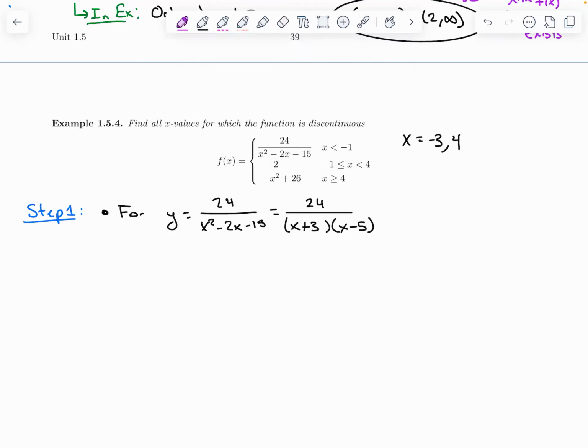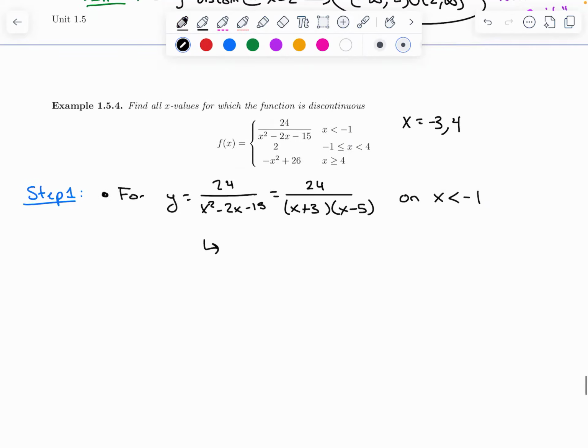I meant to write on, to remind ourselves, it's on x is less than -1. So it's discontinuous. That function without the domain restriction is discontinuous at -3 and +5. But one of those can be removed.